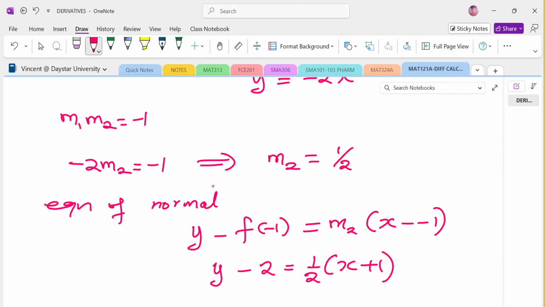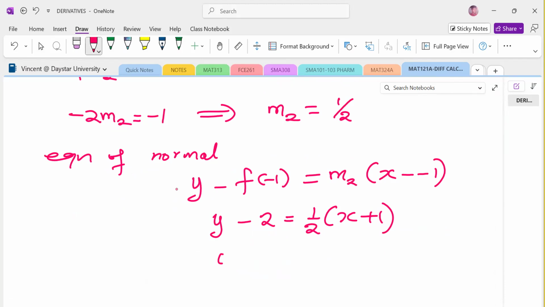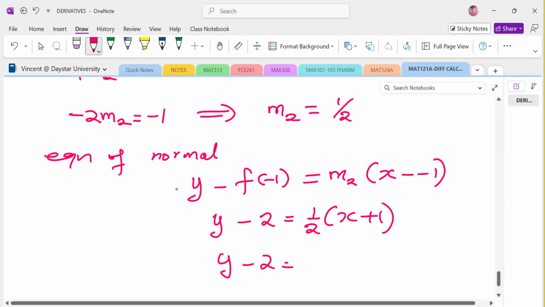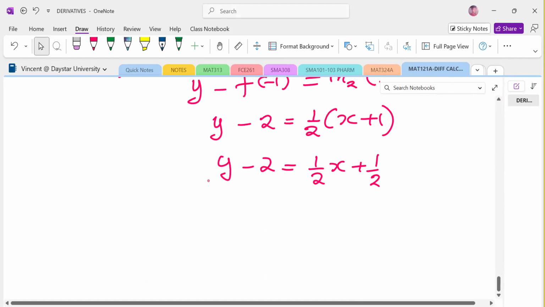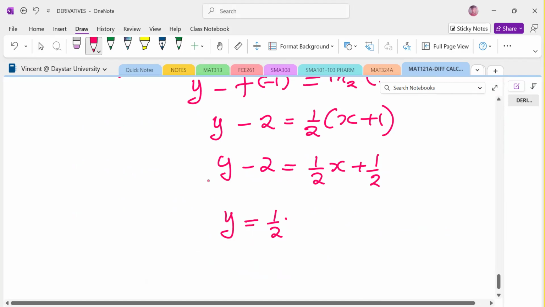Then you can simplify this as y minus 2 equals to a half x plus a half, so that you have y equals to a half x plus a half, then plus 2. Then you can simplify this one and get a final answer.